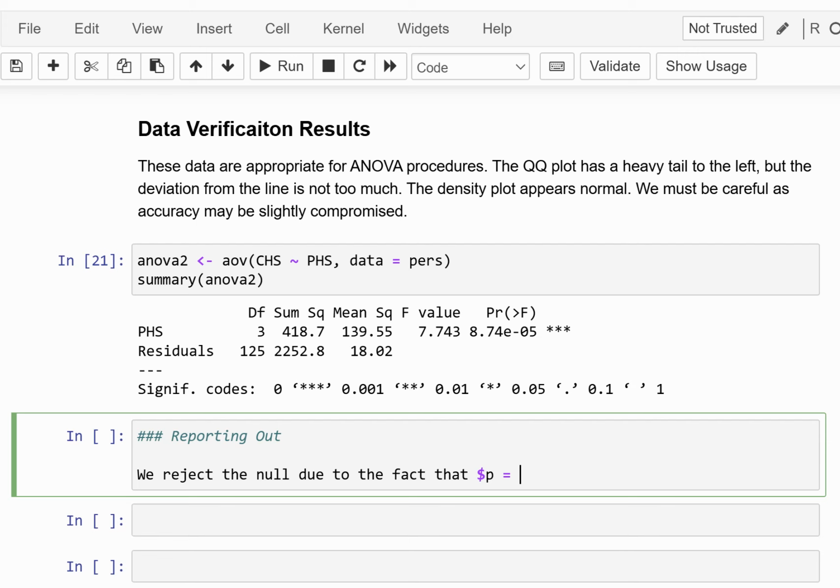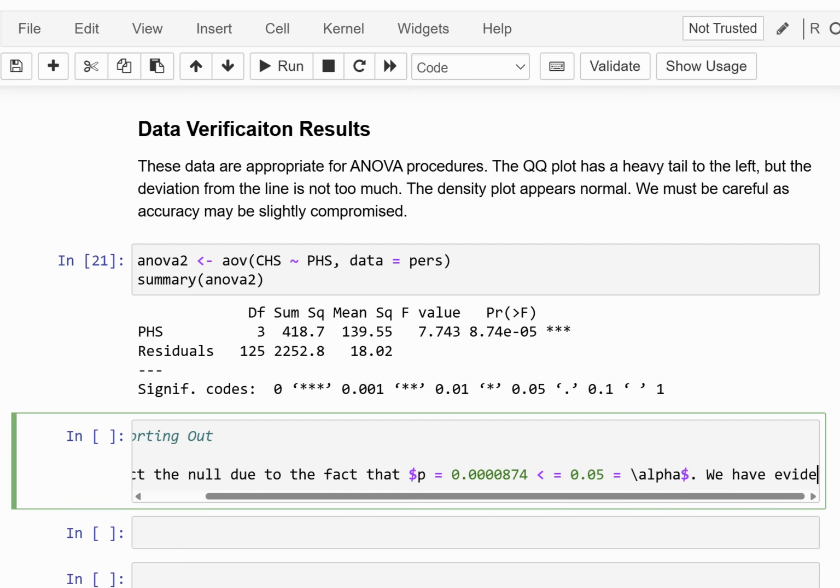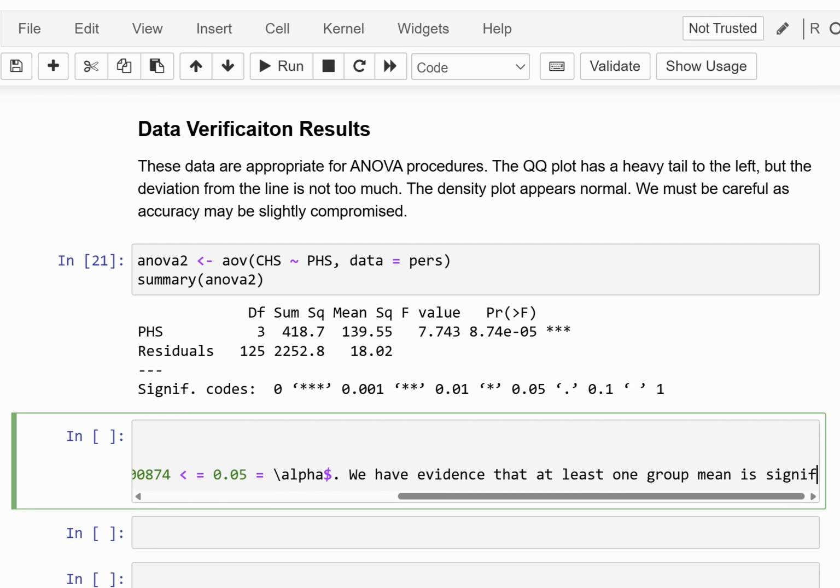Okay, so that's going to be 0.0000874, four zeros and then the 874. And that is clearly less than 0.05, right, which is our alpha. We have evidence that at least one group mean is significantly different from the others. Excellent.